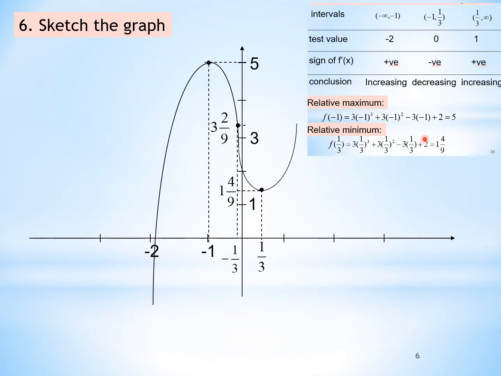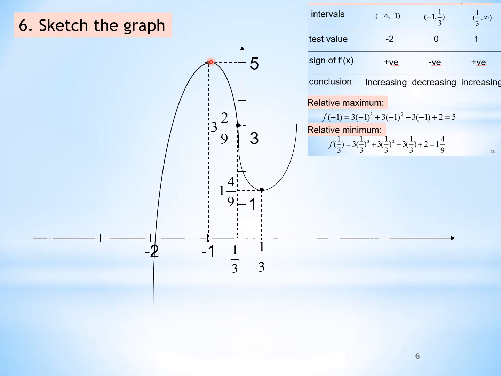Now sketch your graph. Basically, you can guess how your graph looks from the previous table. Since it is increasing from negative infinity until negative 1, this is the part from negative infinity until negative 1 here.